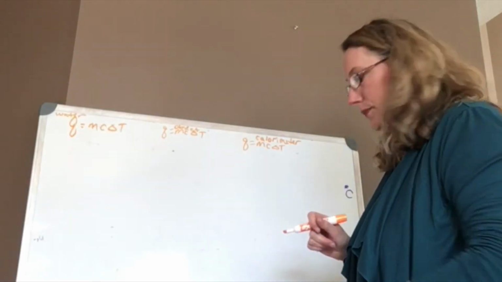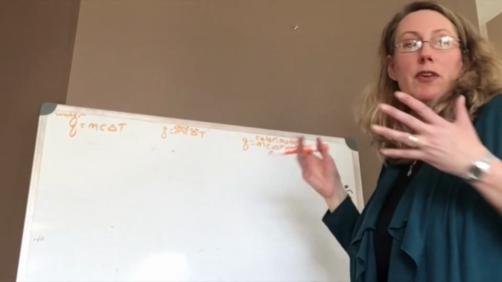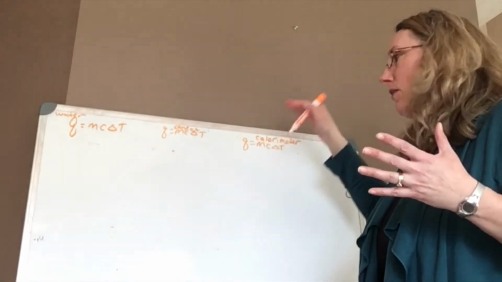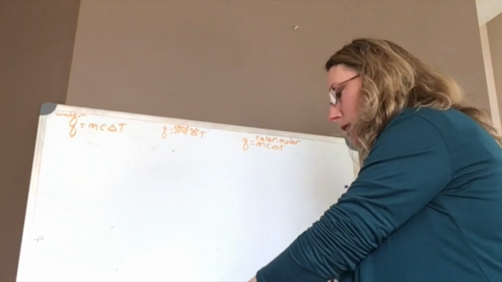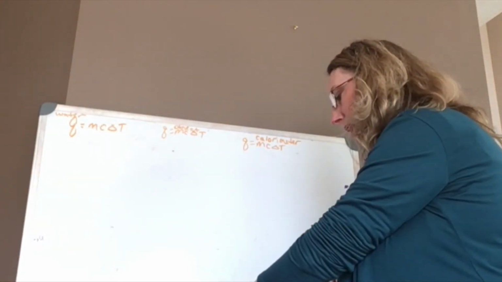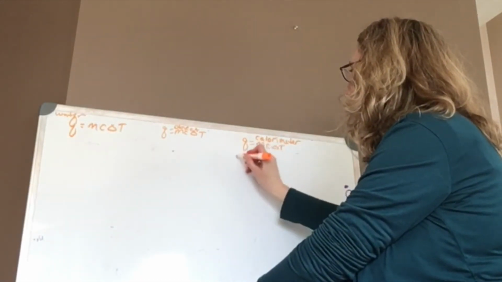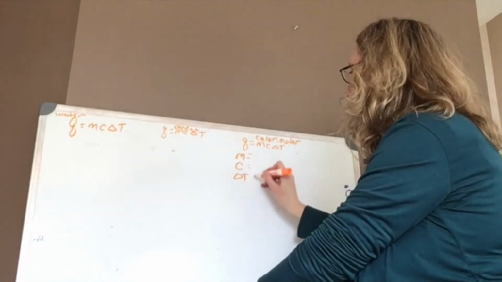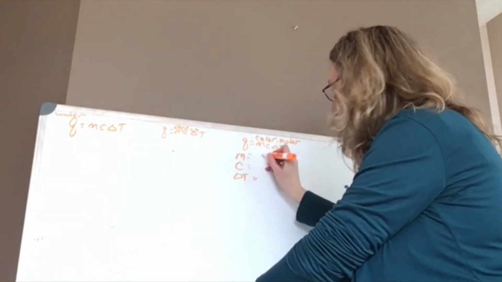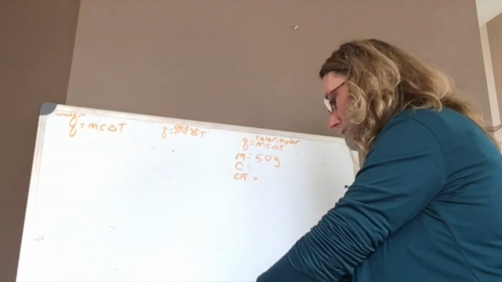All right. So the calorimeter, when I'm reading the question, I write down so I don't get confused what numbers go where. Chemical reactions carried out in a 5-gram calorimeter. So we're talking about calorimeter, MC delta T. So it's a 5.0 gram calorimeter.